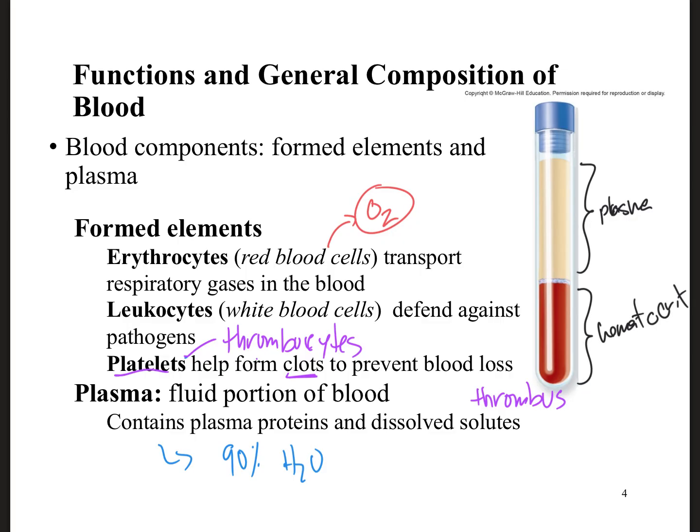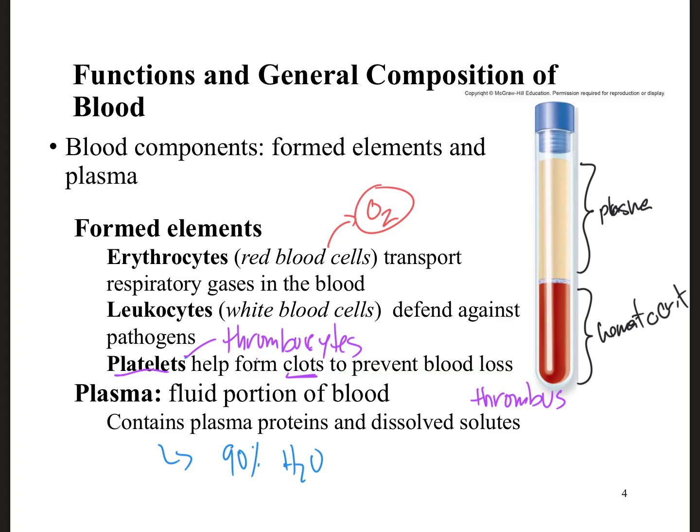Okay? The hematocrit is equal to the amount of red blood cells in a volume of blood. In some cases, in older literature, you might see something called the packed cell volume, PCV. That is also the same number of red blood cells in a volume of blood.